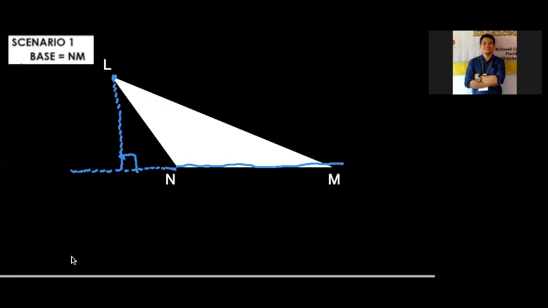And you notice here also that the height is drawn outside the triangle. So let us name the height of this triangle. Let's try to name this point as point O. If that point is point O, then we can say that the height of the triangle is LO.